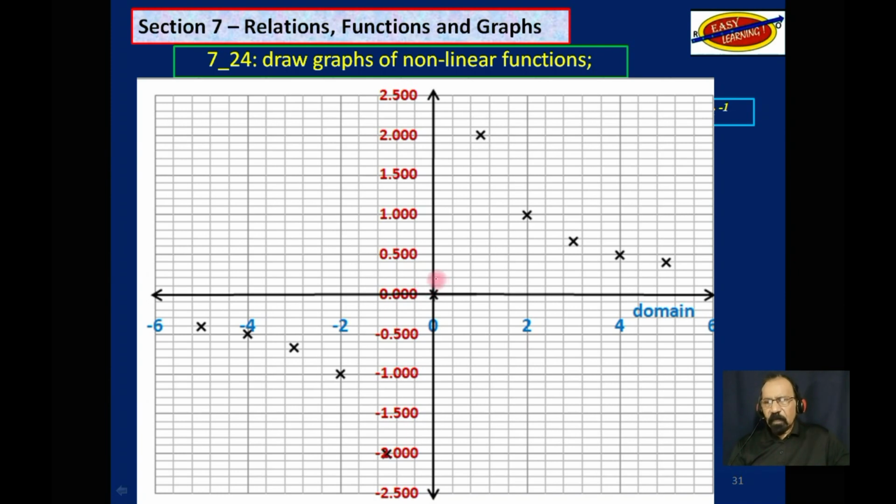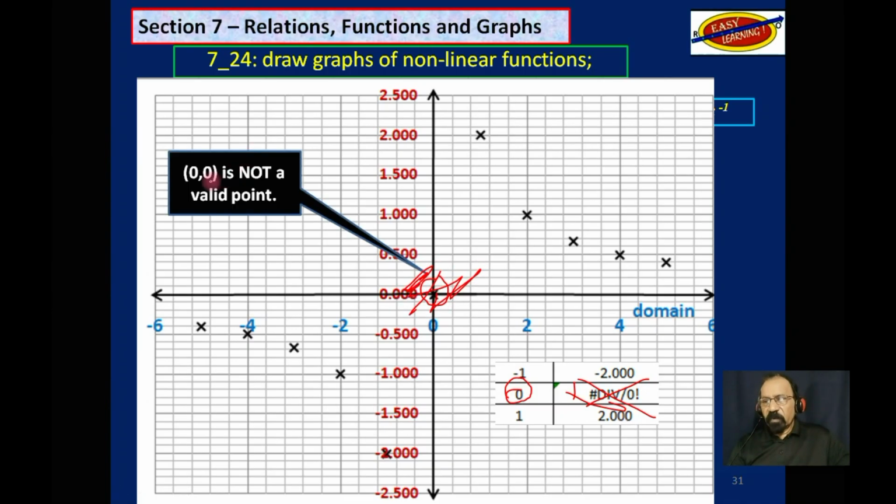As I said, you have a point here which is not to be plotted. It does not count. It does not exist. When the domain is 0, the image of that 0 does not exist. So we need to take that out from there. So 0, 0 is not a valid point.